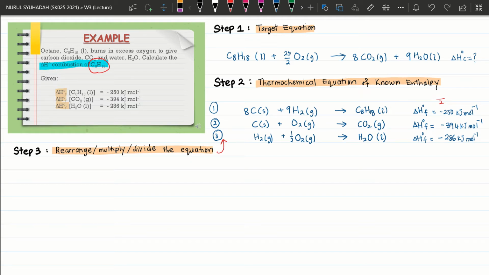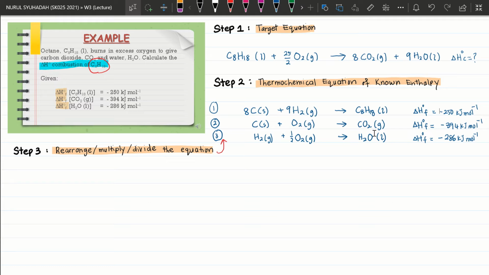Okay, how do we know that we need to rearrange, multiply, divide, or just maintain the equation as it is? Okay, so what we need to do is look back at our target equation. Rearranging, multiplying and dividing the equations, we need to make sure that we get back our balanced target equation.